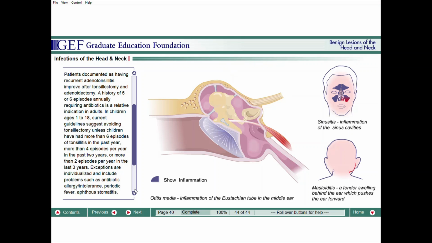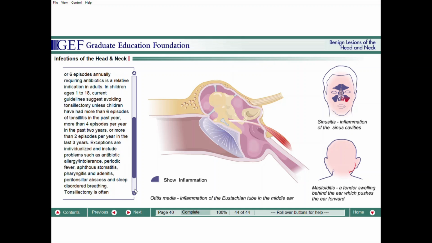In children ages 1 to 18, current guidelines suggest avoiding tonsillectomy unless children have had more than 6 episodes of tonsillitis in the past year, more than 4 episodes per year in the past 2 years, or more than 2 episodes per year in the last 3 years.